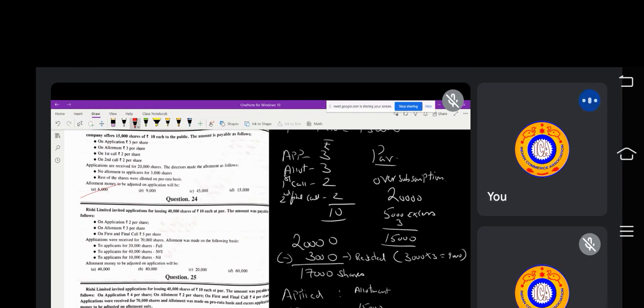Options will be almost similar to the right answer, and at times they may also give you a wrong answer which you may feel is the right answer. But please be confident that what you are arriving at is 100% correct.